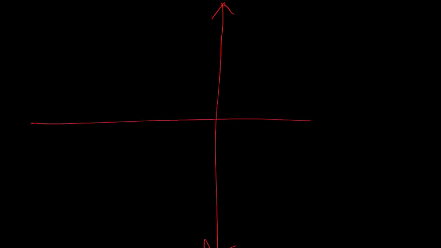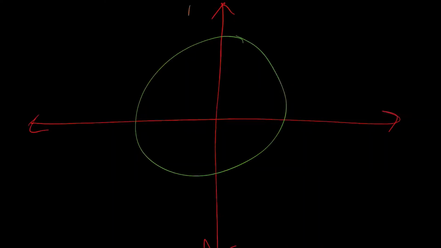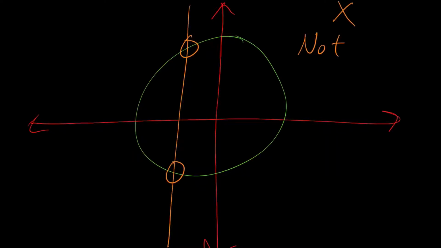If I were to have a graph and we had something like a circle, right? And I took this vertical line. Notice I'm touching in two spots. So this would not be a function.